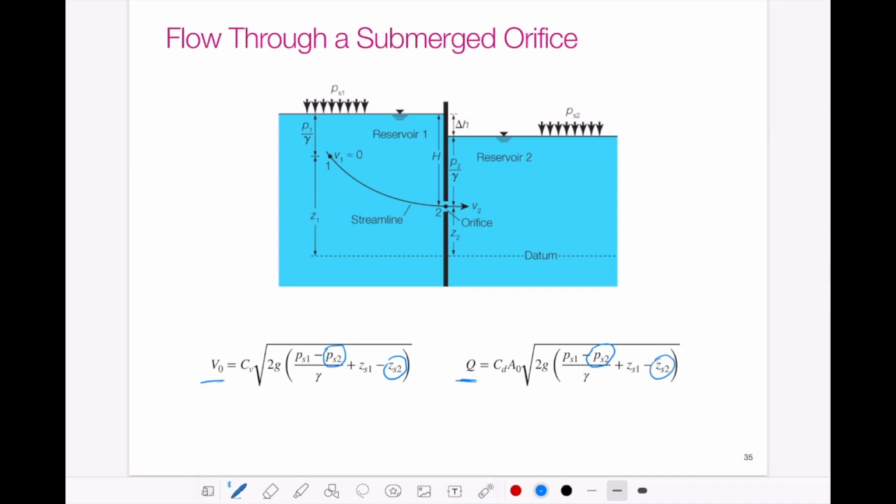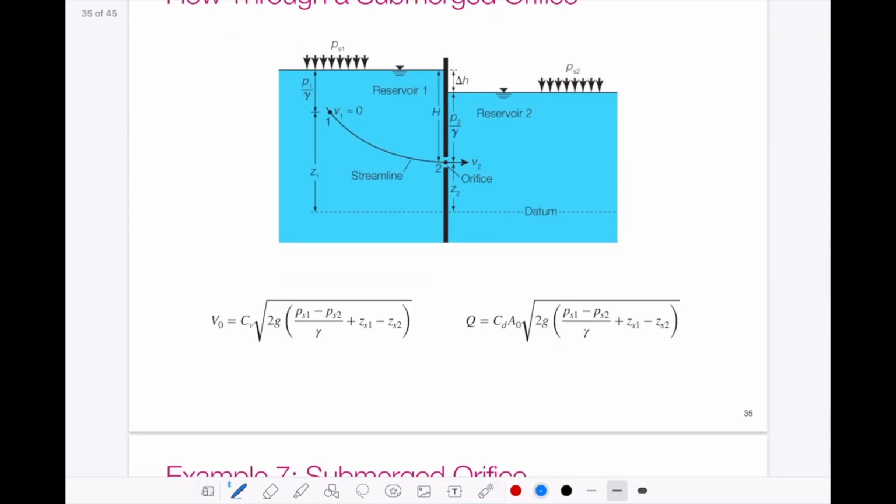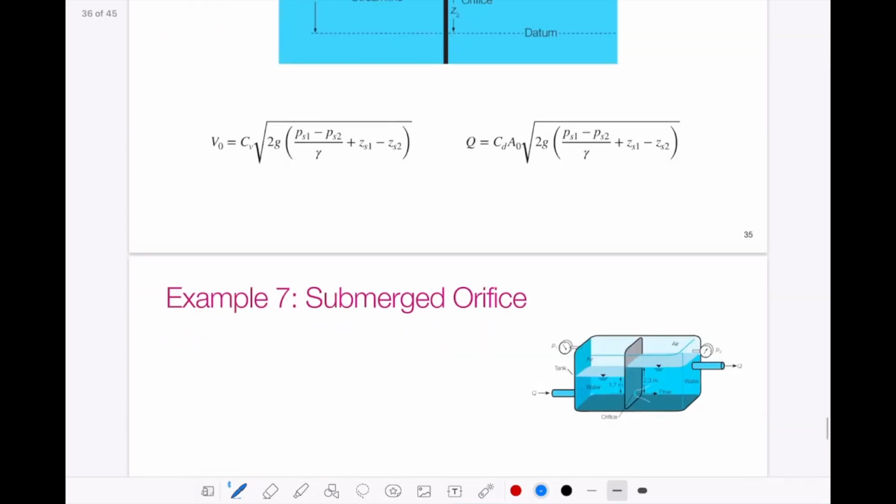Before, this would be the depth of our orifice. Now this is going to be the pressure of the surface on the second side of the reservoir and the depth of the other side of the reservoir. That's the only thing that changes. We can rederive these from Bernoulli's equation, but these are essentially the exact same equations, just different versions now.